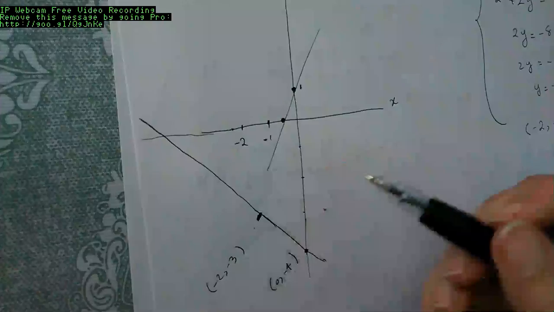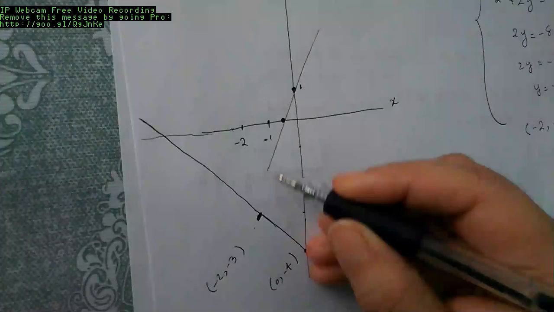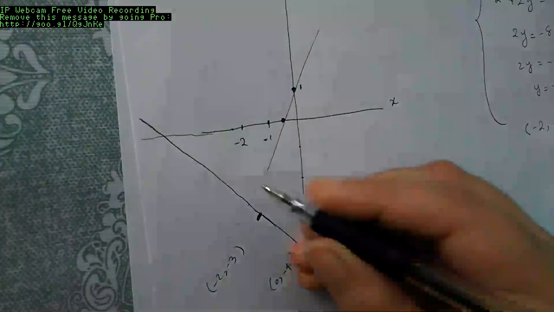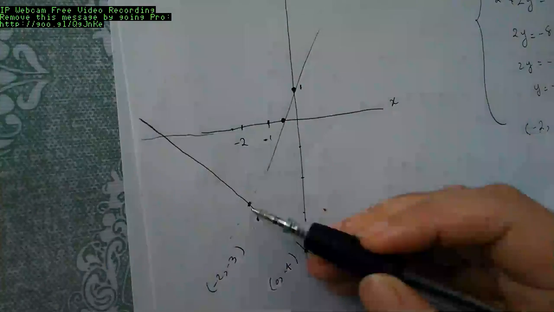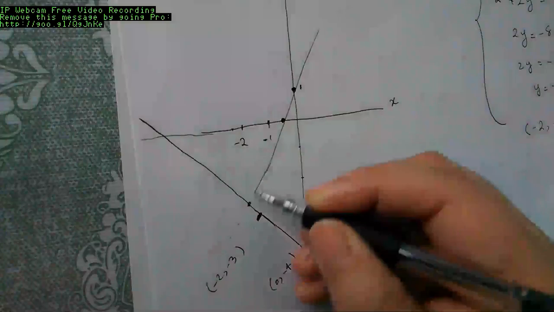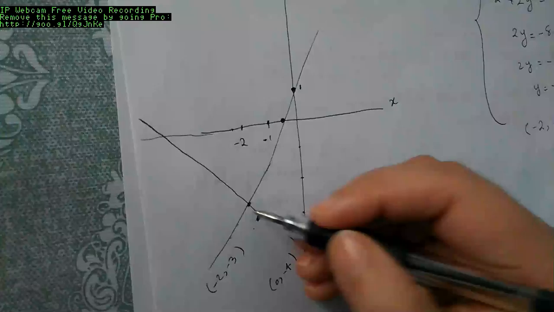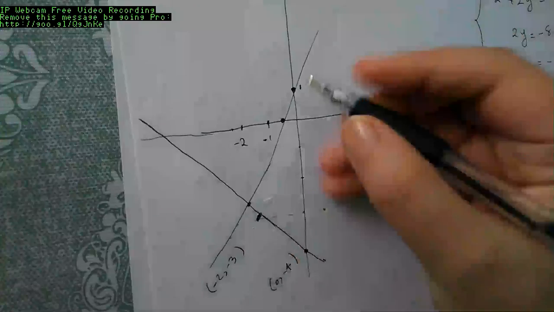I want to see the point of intersection. Solving the two-equation linear system means finding where these two lines intersect each other. If you continue that, you will see it will intersect at this point. But what is this point? If you had a better scaling than me, you would see that the point of intersection is approximately -2 and -3. My scaling is not that great.